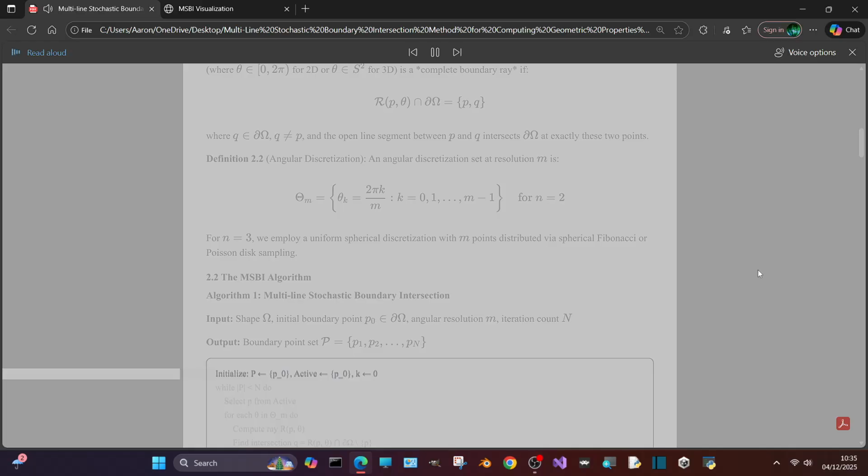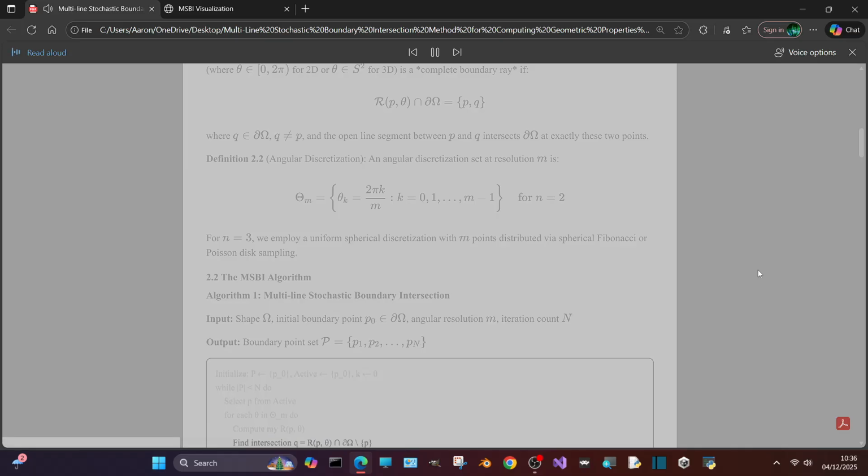Initialize P = {p_0}, active = {p_0}, k = 0. While the active set is non-empty and k is below the iteration count, do: select p from active. For each theta in the angular set, do: compute ray r(p, theta).